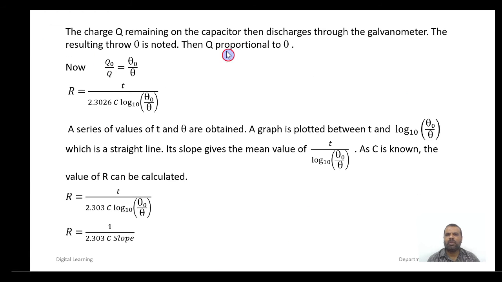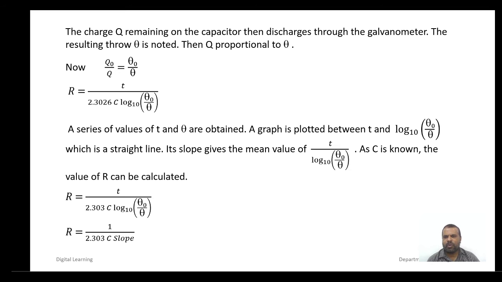The charge Q remaining on the capacitor then discharges through the galvanometer. The resulting throw theta is noted. Then Q is proportional to theta. Now Q naught divided by Q is equal to theta naught divided by theta.